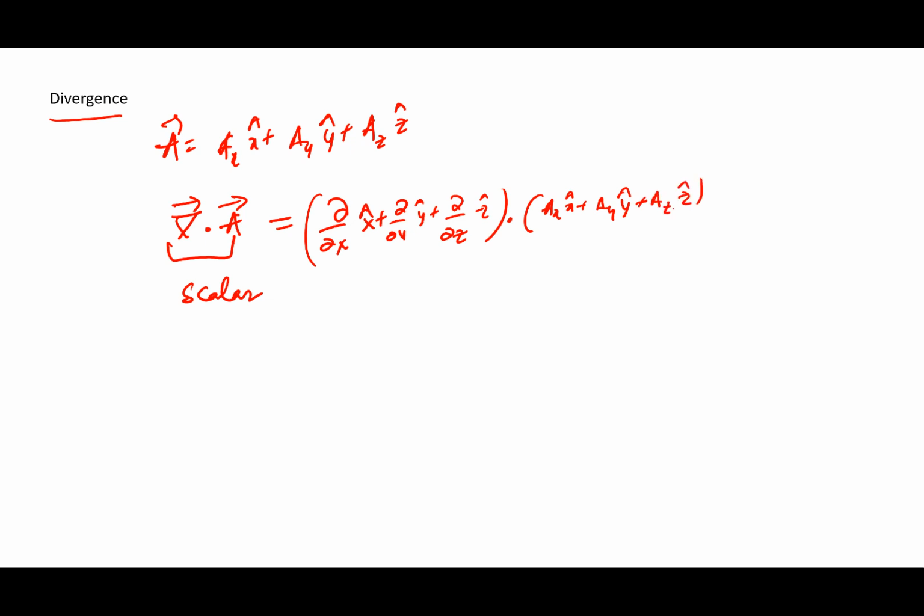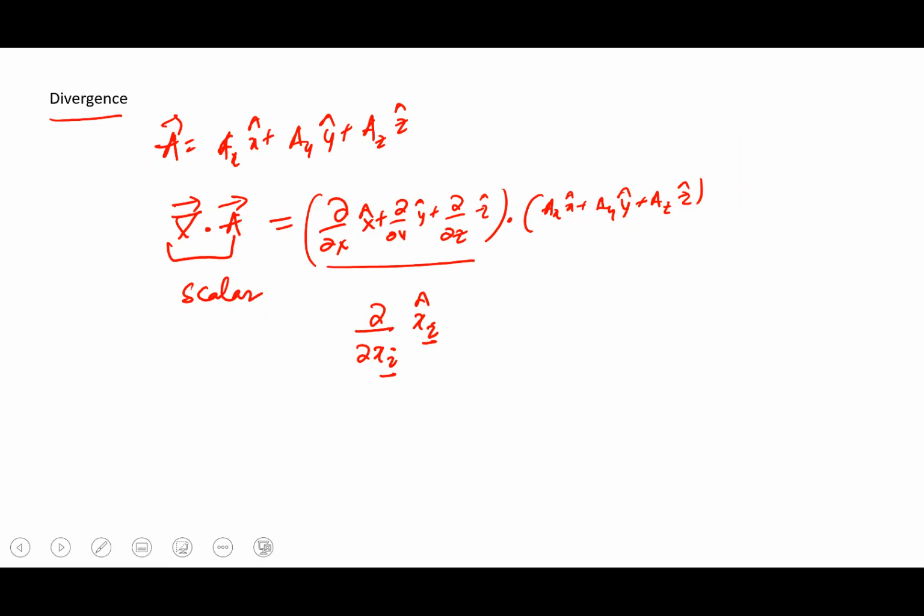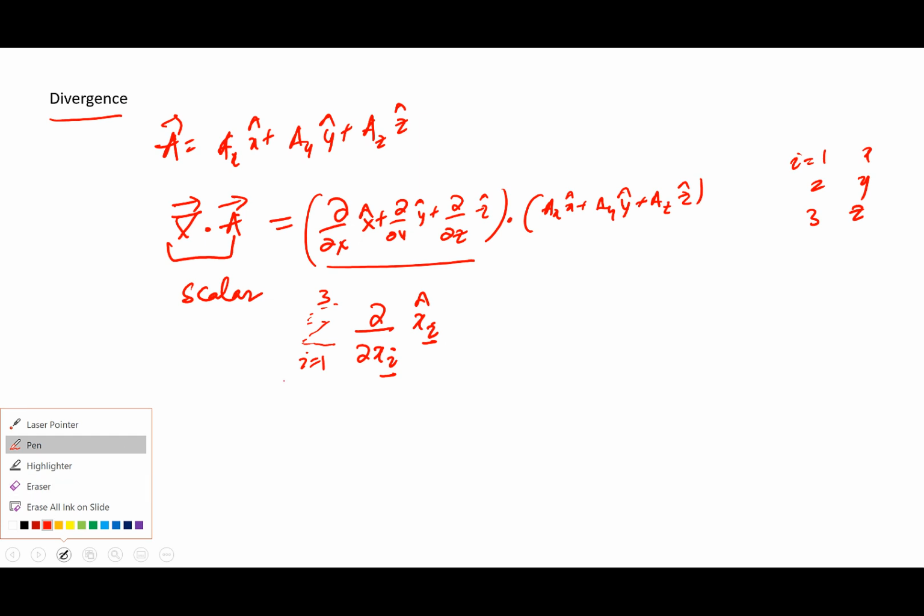So instead of writing these things every time, we can use Einstein's summation convention. What that means is I can write this entire thing as dou by dou x_i, with i repeated. So I repeat i, which means I sum over i. I act as if there is a sigma sign here going from i equals 1 to 3, where i equals 1 means x, i equals 2 means y, and i equals 3 means z. So that's Einstein's summation convention.